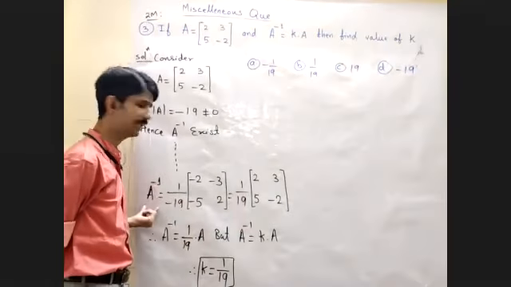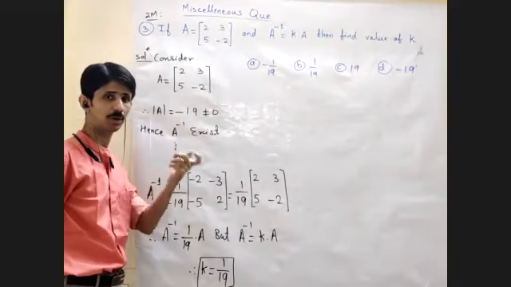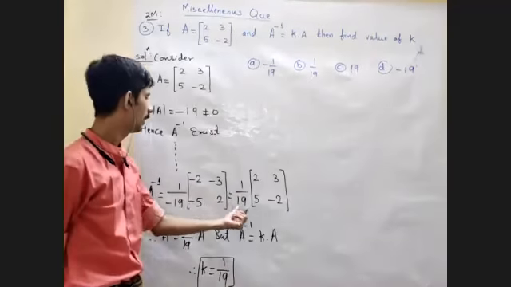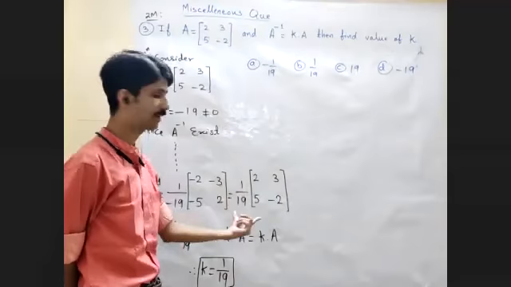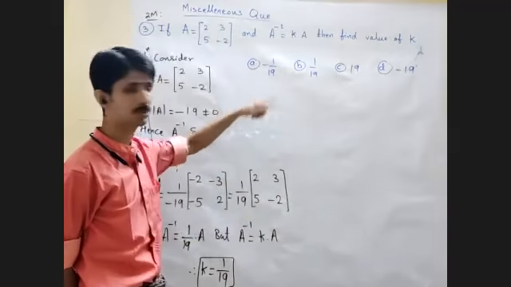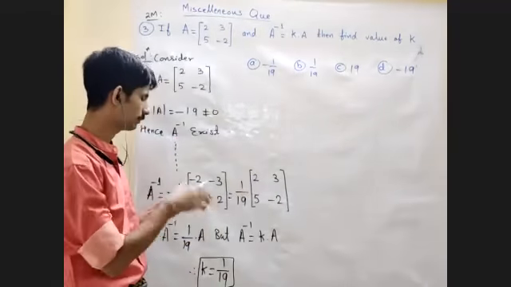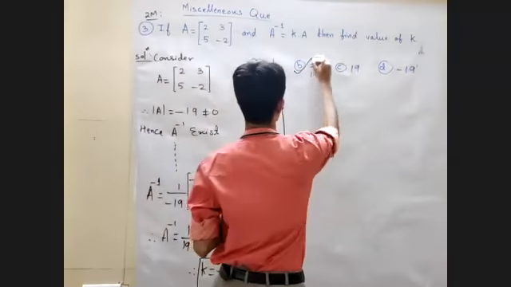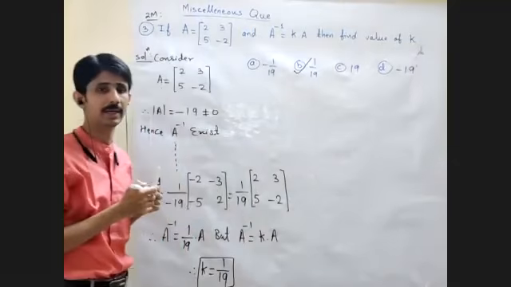Then you find out A inverse directly by using the short trick, 1 by determinant of A into adjoint of A. Then compare and find out the value of K. Orally आपको मिल जाएगा K का value is 1/19. And after getting the answer, you can tick mark your correct option and you can get your marks.